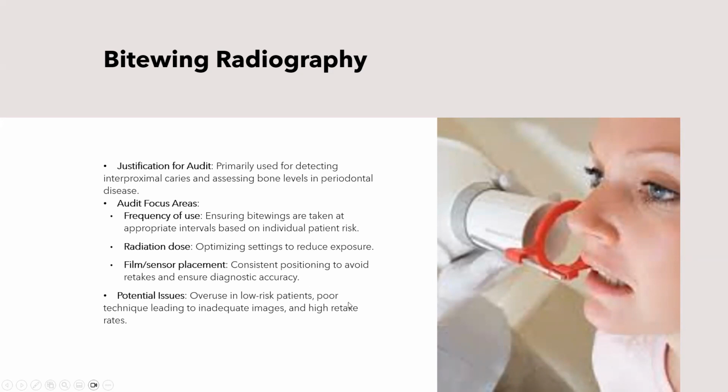What X-ray are you going to take? We are not going to take X-ray if the contacts are open for a young child. Poor technique leading to inadequate images and high retake rates.